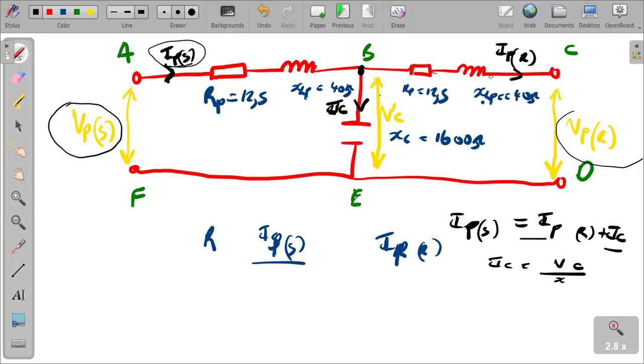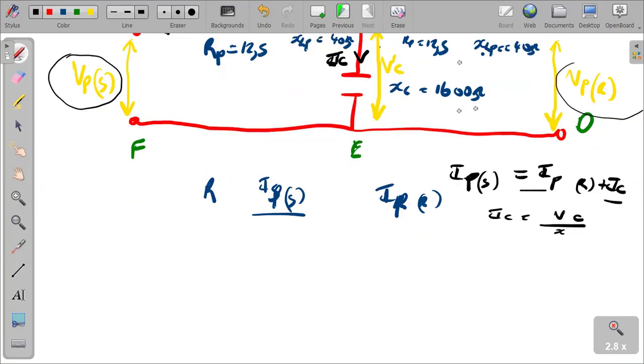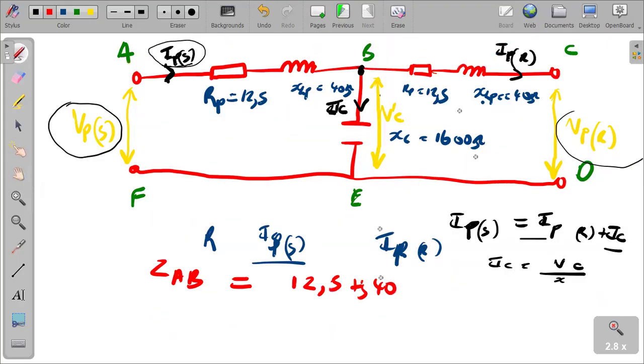Hence, we can start with the values of ZAB and ZBE. Let's start from there. I will calculate ZAB first. ZAB is equal to 12.5 plus j40, right? That's our ZAB, the impedance here at this point.